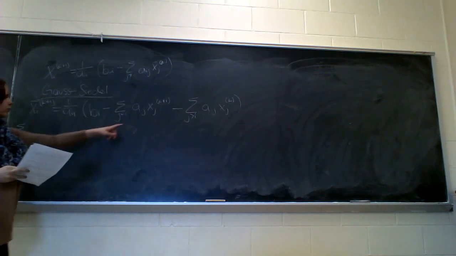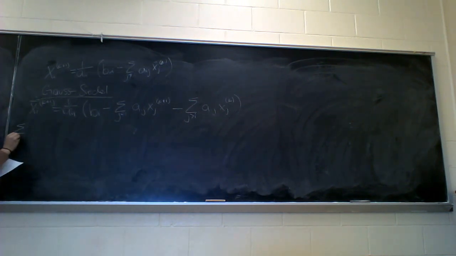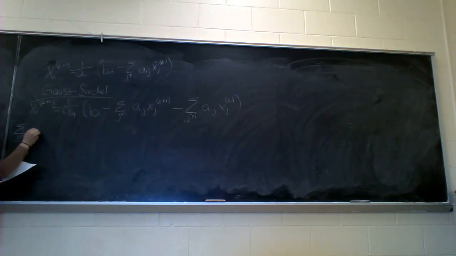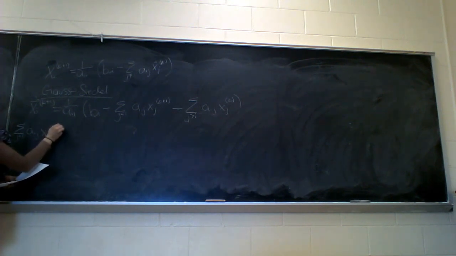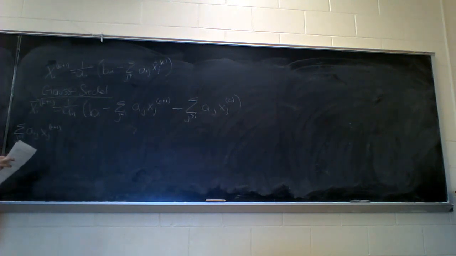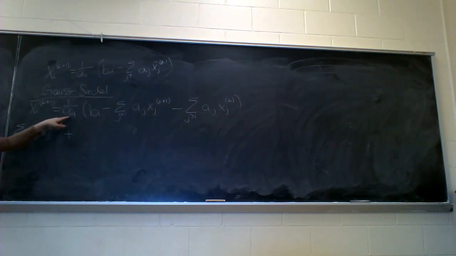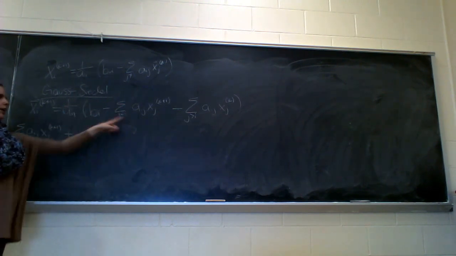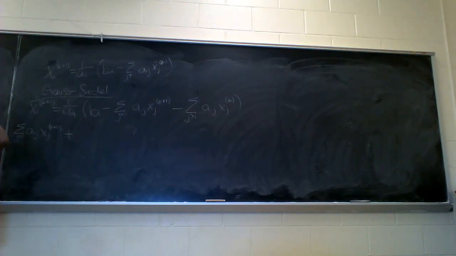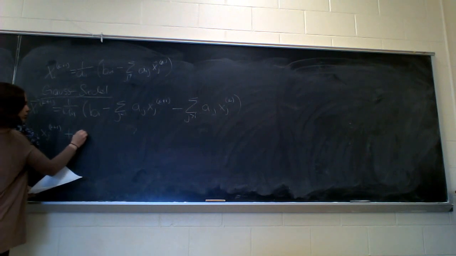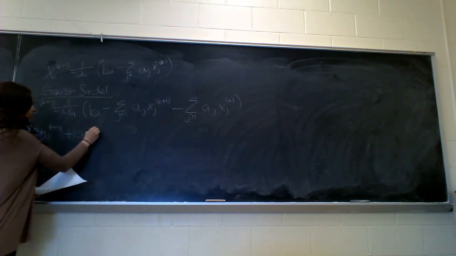So we've got the sum over j less than i of a_ij x_j^(k+1) plus, now this was already multiplied by 1 over a_ii, so when I multiply both sides by a_ii, it's just going to cancel it out. But this term has to be multiplied by it.